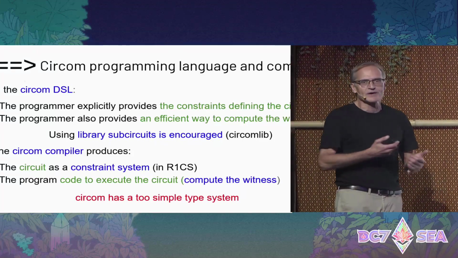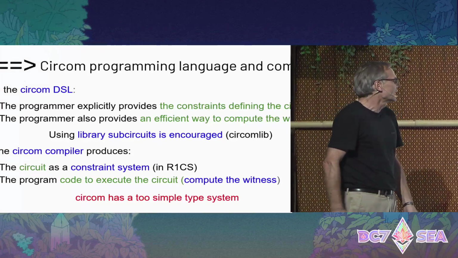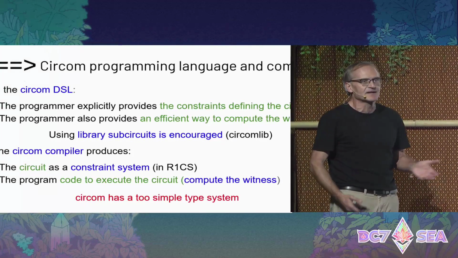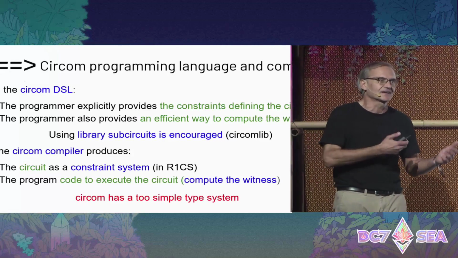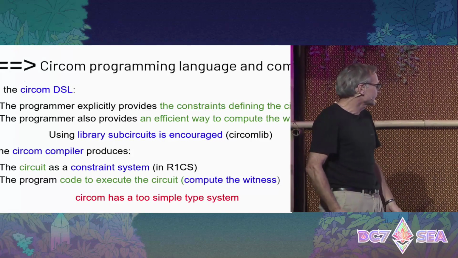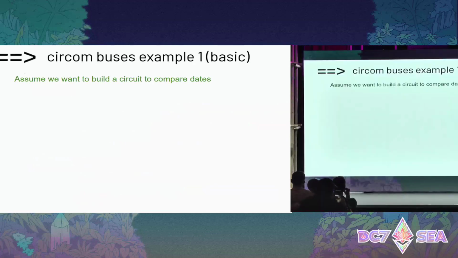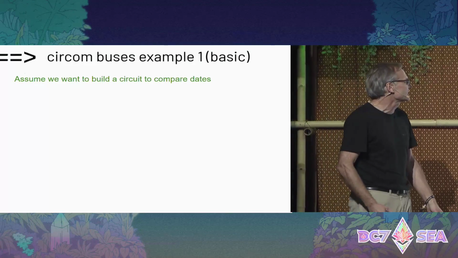So probably one of the drawbacks of Circom till today was the fact that Circom has had a too simple type system. Okay, let's see it in an example. Assume that we want, just as a simple example, to build a circuit comparing dates.